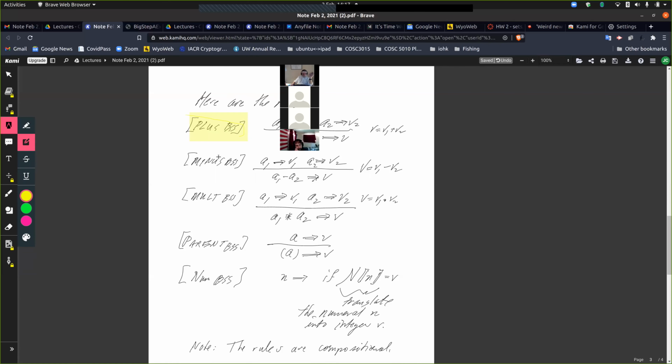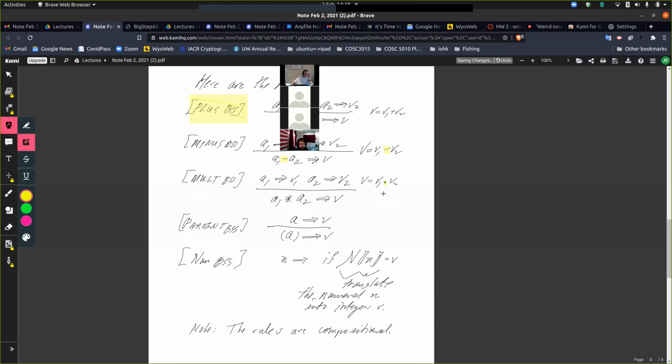And obviously there's a rule for minus. That should be a different minus than this minus, because this one we're doing real arithmetic, and this is just a syntactic object at the root of the syntax tree for this expression. You take the left sub-expression and evaluate to V1, you take the right sub-expression and evaluate to V2, and then you subtract them and get back the answer V.